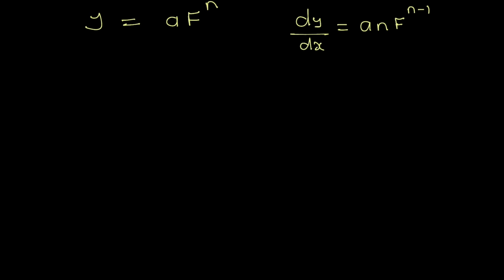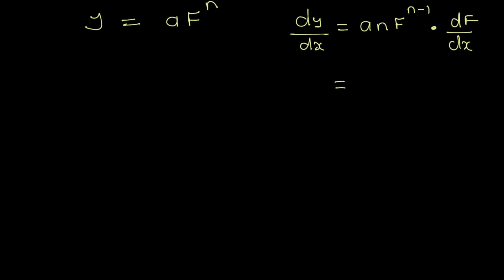So for chain rule, where y equals capital F to power of n, dy/dx will be a n f to power of n minus 1 times df/dx.